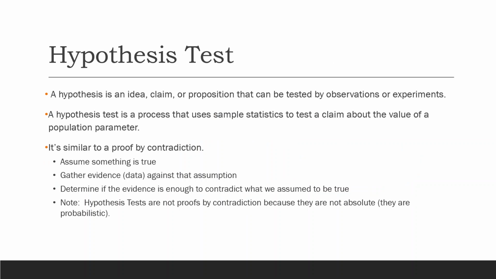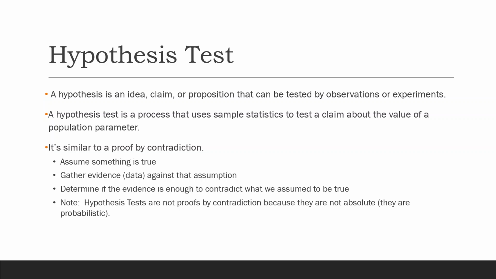But for us, since we're in the statistical world, you gather evidence, in our case, it's going to be data that goes against that assumption that you just assumed to be true. And if you've gathered enough evidence to contradict the truth, then that means that the assumption that you made must not be true. It must be false. And then you can draw the opposite conclusion. All right. That's sort of how proofs by contradiction work.